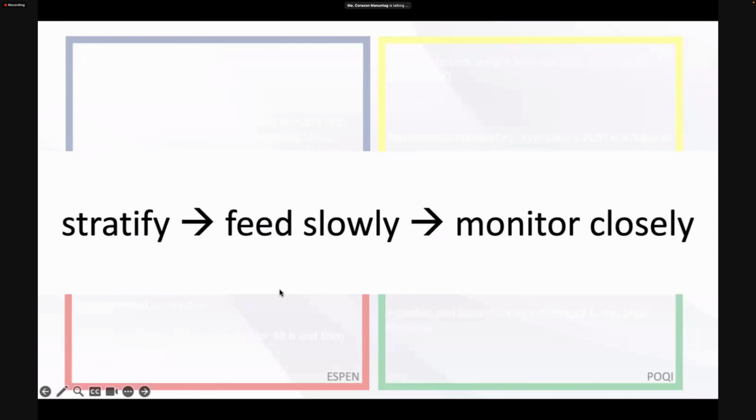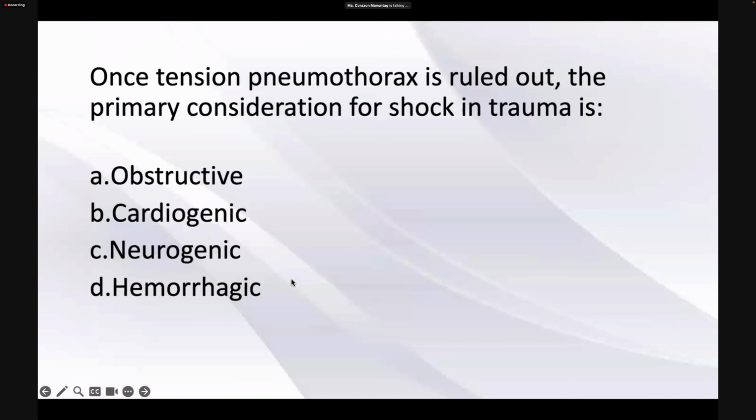Okay, so that was a mouthful of a lecture, but I've prepared questions that we can tackle. This was actually in a previous slide. Once tension pneumothorax is ruled out, the primary consideration for shock in trauma is letter D, your hemorrhagic shock.